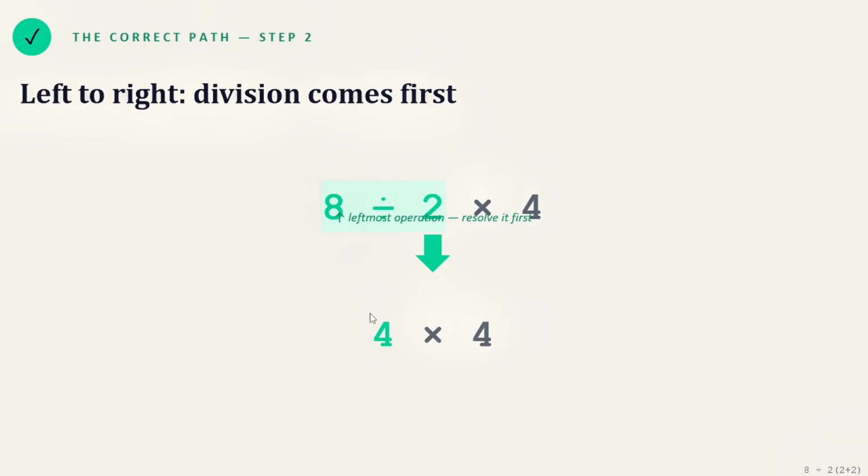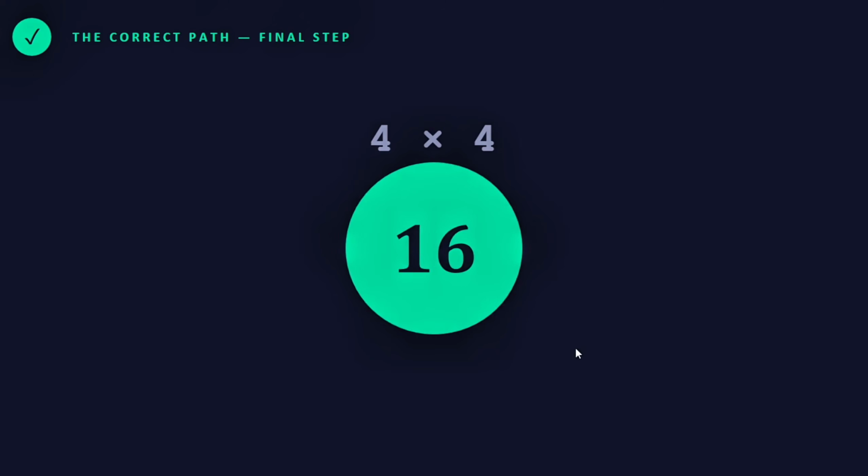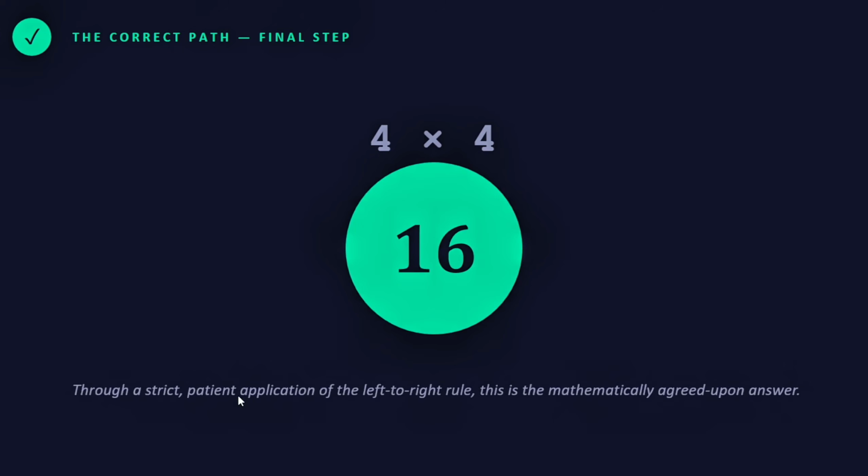So now, that entire front part of the problem collapses into a single number 4. What we are left with is stunningly simple. 4 multiplied by 4. Carrying out that final step, 4 times 4 equals 16. And just like that, through a strict, patient application of the left-to-right rule, we have the mathematically agreed-upon answer of 16.